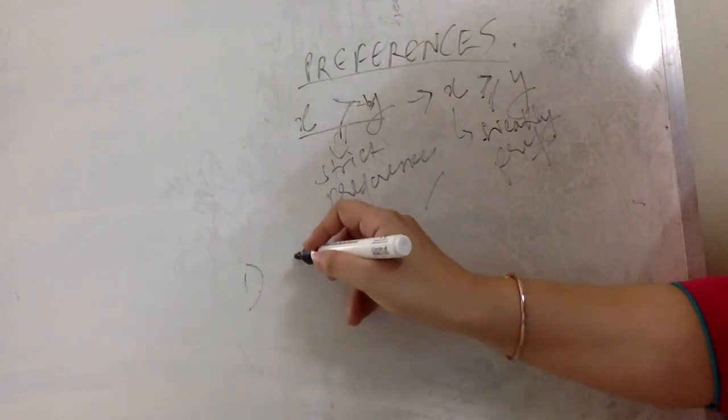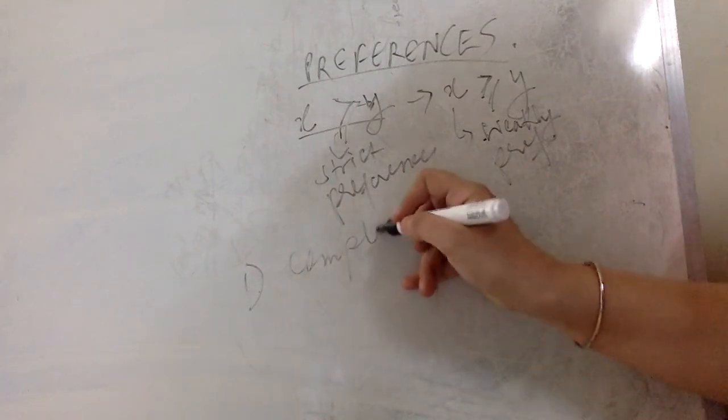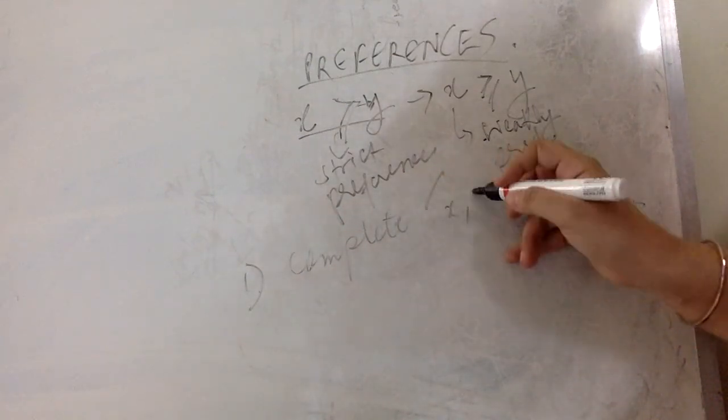Certain assumptions about the preferences, keep noting down and understand at the same time. Assumptions about preferences. First assumption is that it's complete in nature. So if I'm ranking two bundles, say x bundle and y bundle.